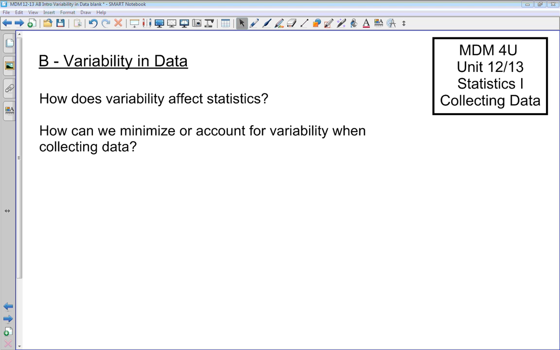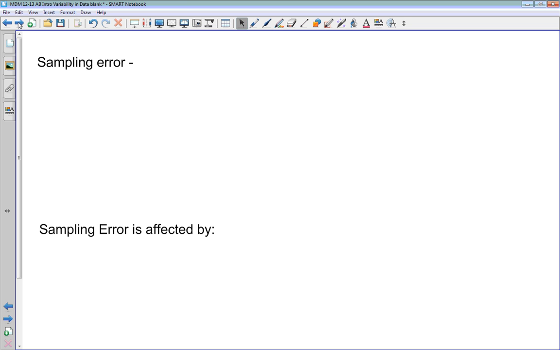We have some population that we are interested in, and we are taking a sample from that population, and we are measuring some things or getting some data about that sample. Whenever we do this, we are going to encounter a thing called sampling error.